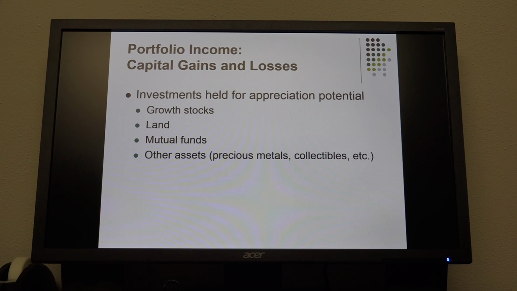The characteristic common among all those assets is that they are held for their potential ability to appreciate in value. Could include collectible art, collectible cars, vintage cars, things like that, that have the ability to appreciate in value.